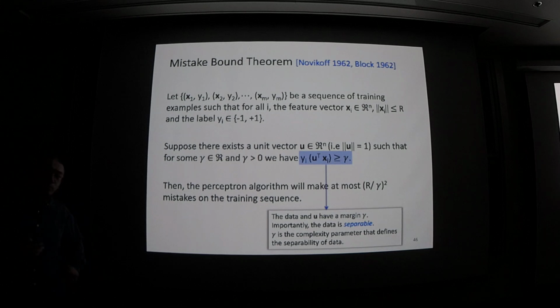So basically you can repeatedly feed this sequence of data to your perceptron learning algorithm. It guarantees that the number of updates for this perceptron is at most (R over gamma) squared. And after the maximum number of updates, it won't give you any more updates.